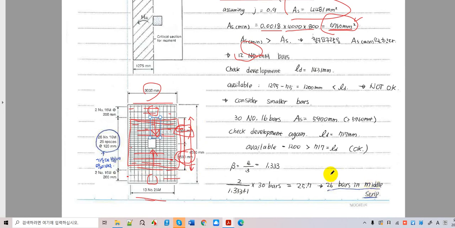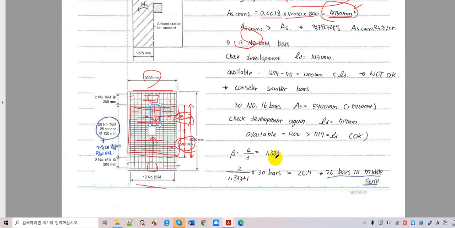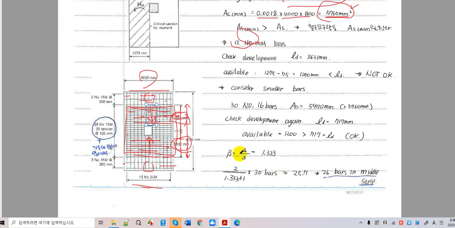Let's take a look at 26, and we're going to go 2 here, 2 here, so that we total, anyway, all 30 rebars, right? So 26 rebars in the middle strip and the rest of the area receives the rest, which is 2 and 2 shared. Okay, so this is easy. So this is what we're going to end up with for the rectangular footings. Okay.